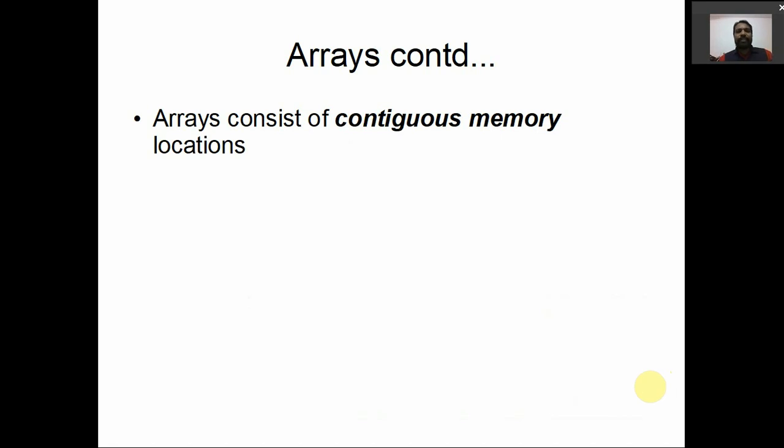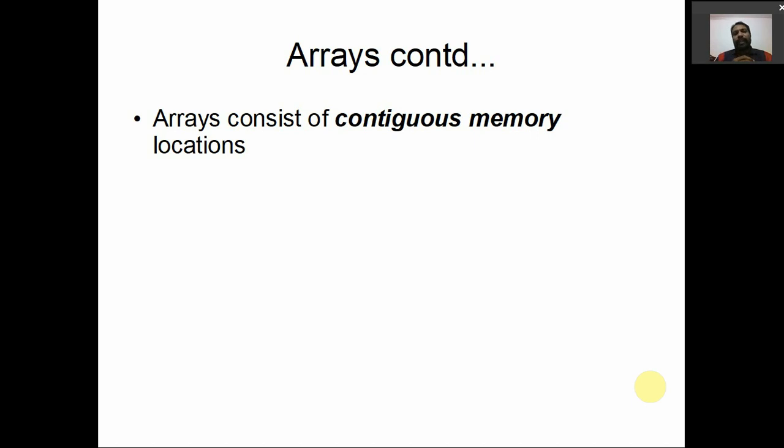Arrays consist of contiguous memory locations. This is another important point. Arrays are stored in contiguous, or continuous, memory locations. For example, if a variable takes 4 bytes to store an integer, and you declare an integer array of size 10, then 40 bytes of memory will be allocated for that array, since an integer takes 4 bytes and we need to store 10 variables.